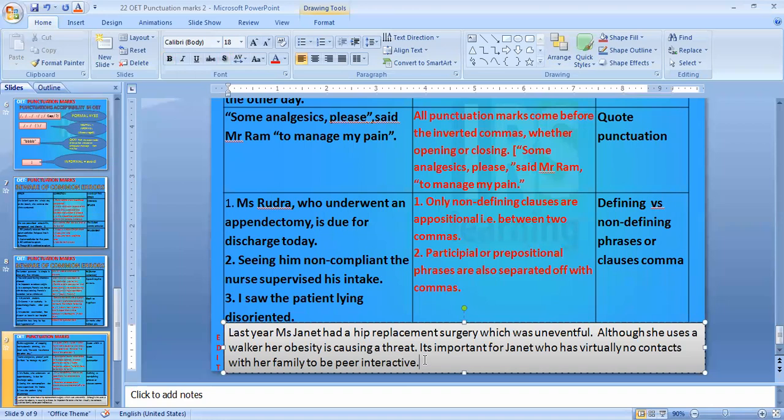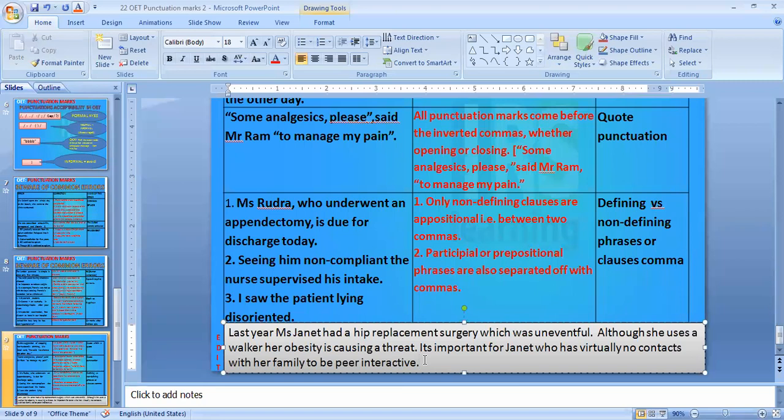It's important for Janet, who has virtually no contacts with her family, to be peer interactive. Now you give punctuation marks. Where should there be punctuation marks in these 3 sentences? Come on, this is your final test.